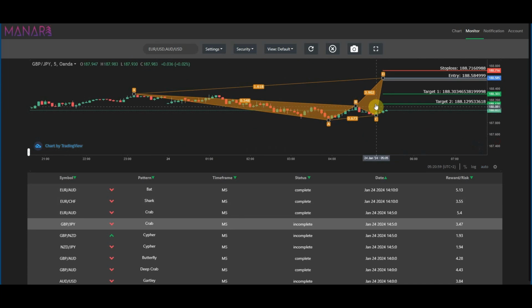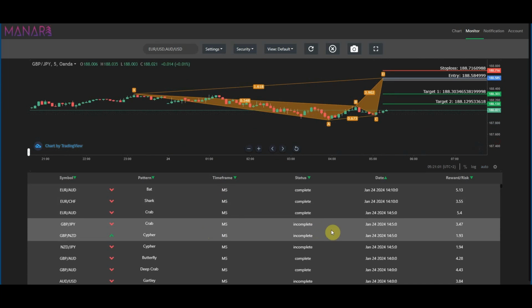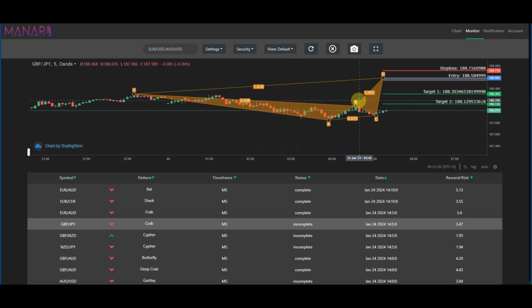Here we go, we've got one now that's incomplete, which I keep talking about. So A, B, C, and you would have got an alert perhaps just around this candle here, and it's expecting to go up to this D level. At the moment it is slightly higher than where the alert would have come through, but will it get all the way up to here?